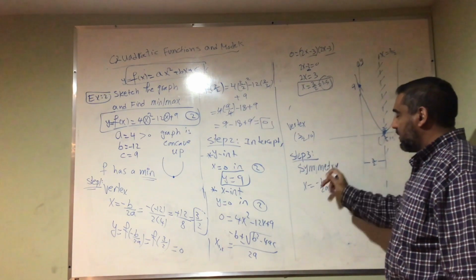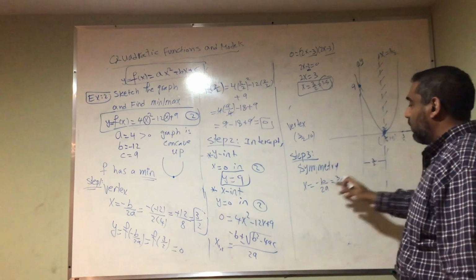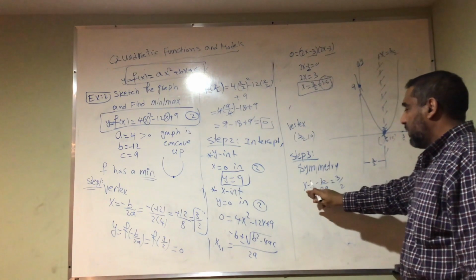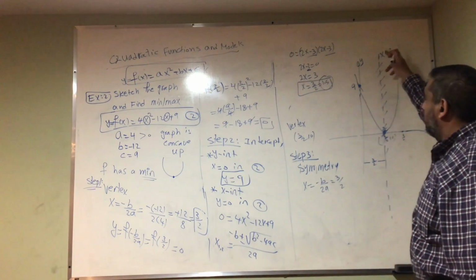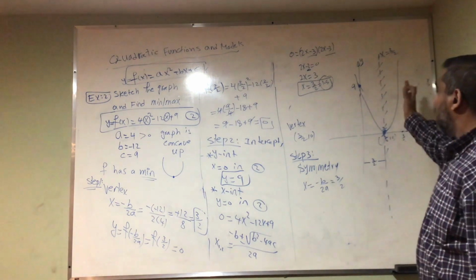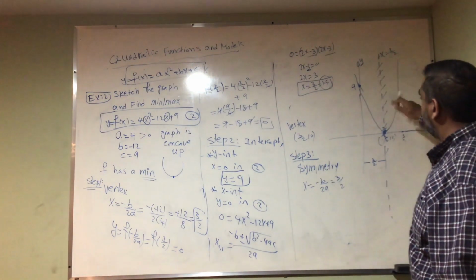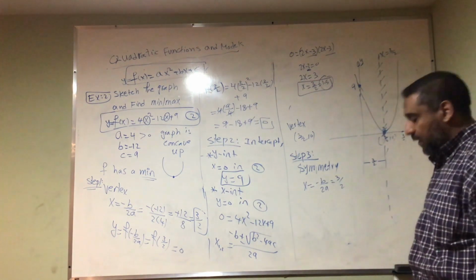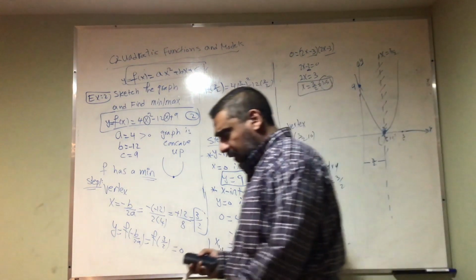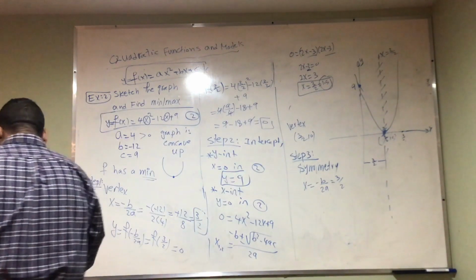What does symmetry mean? You have a mirror in which axis? In the vertical line, which is x equal minus b over 2a, which in our case is 3 over 2. I make a vertical line, and you have a mirror. So you connect the intercepts like this, and this part is going to reflect to the other side. Then you are done. That is the problem.